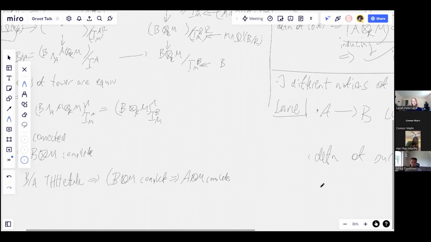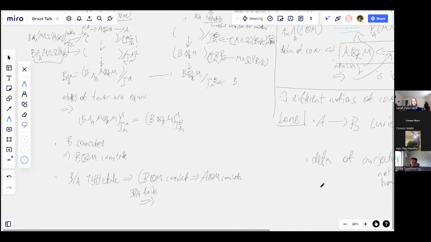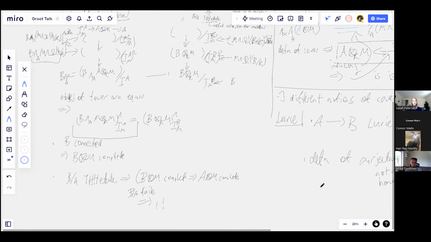And the finiteness assumption, B over A being finite, that's going to get us that the left-hand side over here is complete. So these extra assumptions, which I just added in here last minute, are going to deal with all my completion issues.